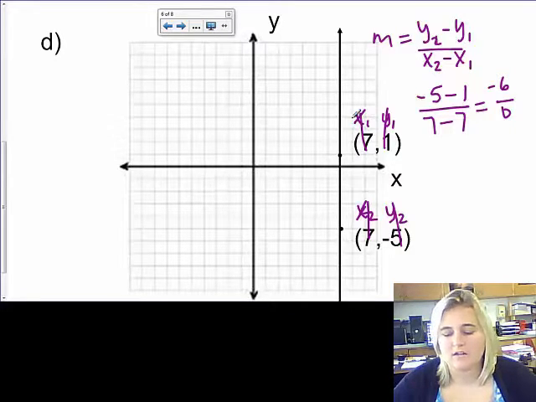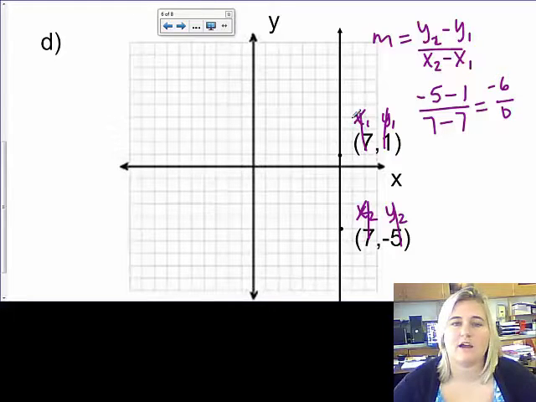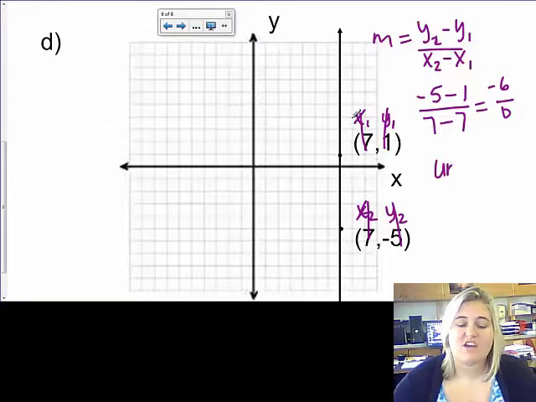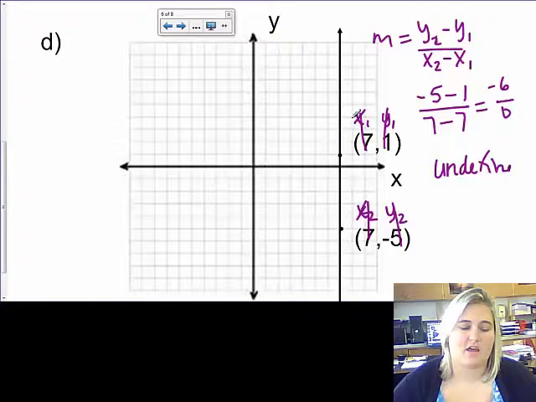It should tell you that you get an error, because we don't know how to divide by 0. So vertical lines are all known to have an undefined slope. So the slope of any vertical line is undefined.